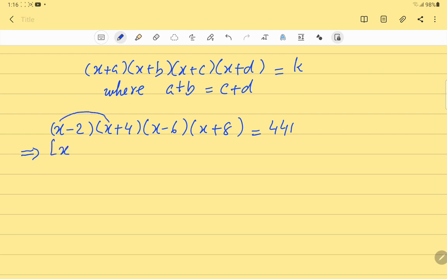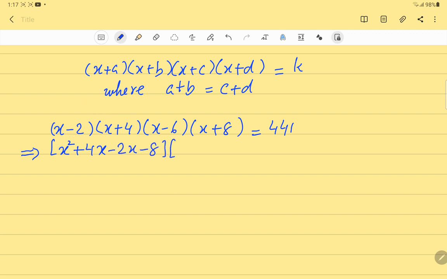This x we will multiply with this x and then 4. So x into x is x squared, and x into 4 is 4x. Then we will multiply minus 2 with x and minus 2 with 4, so it will be minus 2x minus 8.